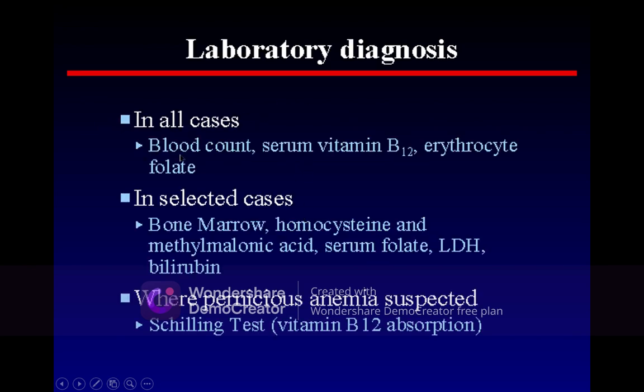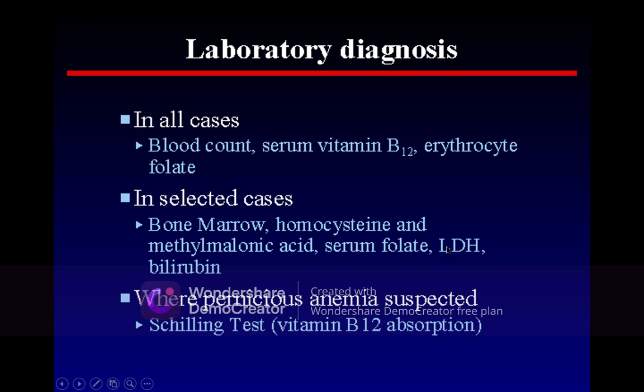For the exact diagnosis in all cases: blood count, serum B12, serum folate levels, or rather erythrocyte folate levels, which are more specific. In selected cases, bone marrow, serum homocysteine, although costly, and methylmalonic acid. Homocysteine and methylmalonic acid are increased in B12 deficiency, while only homocysteine levels are increased in folate deficiency.